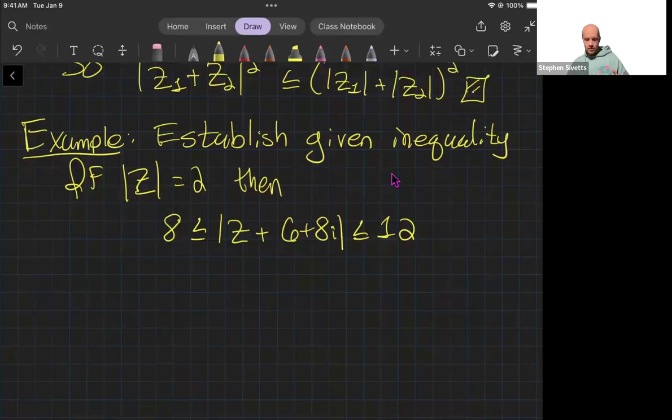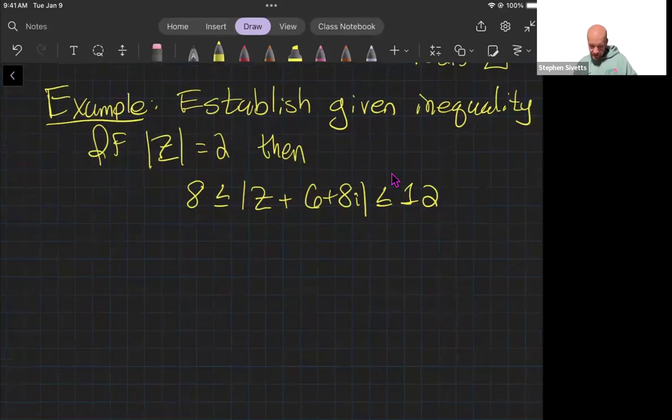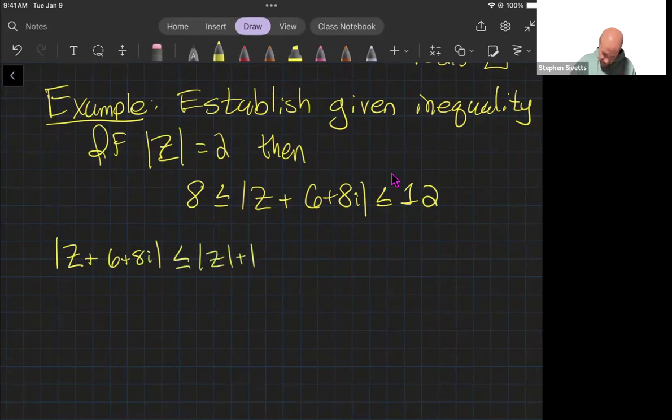Okay, so now you've looked at this example. Let's see how we can show this. The first version of this triangle inequality says the length of Z plus 6 plus 8i is less than or equal to the length of Z plus the length of 6 plus 8i.